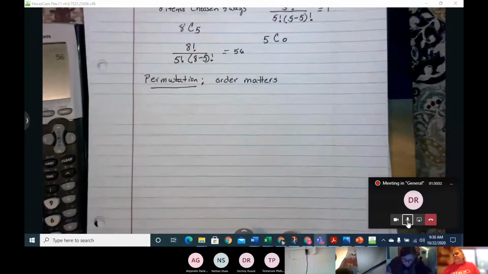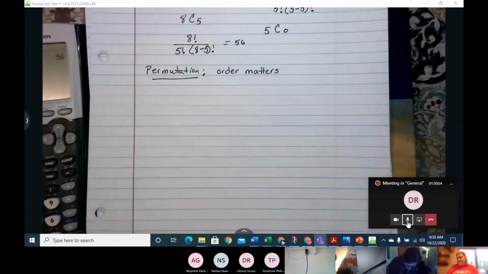In particular, the permutation is used in problems where you want to find first, second, third, fourth, fifth places. That's a lot of times when you're trying to use a permutation situation, or you're trying to find how many, you have 10 people in a committee and you want to elect president, secretary, vice president. So it's a permutation versus a combination because the order matters.